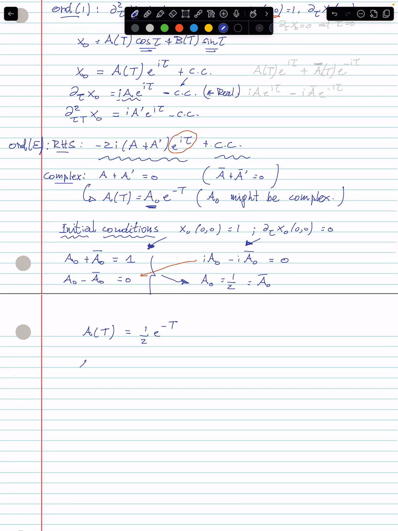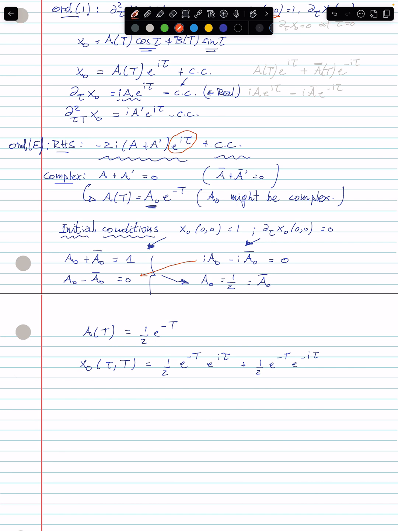And so if you substitute this back into the expression for x, which is a function of tau and T, you obtain 1/2 exponential of minus T exponential I tau plus a complex conjugate of this expression, which is then plus 1/2 exponential minus T exponential minus I tau.